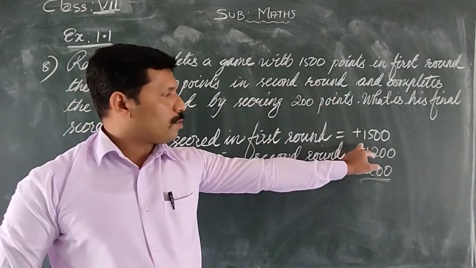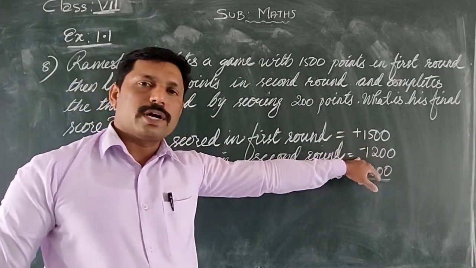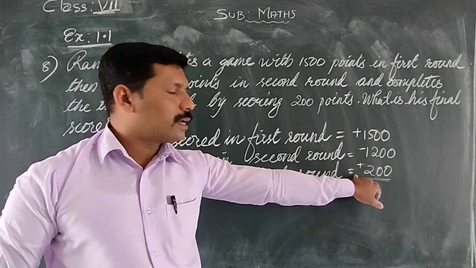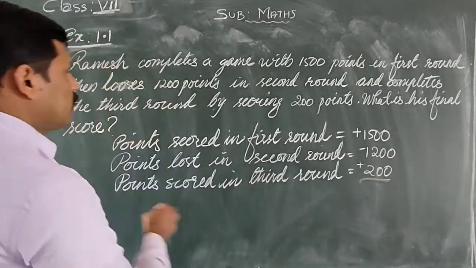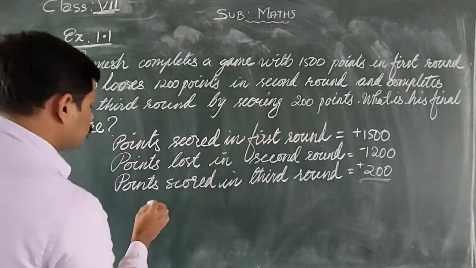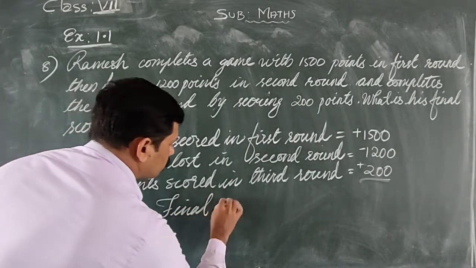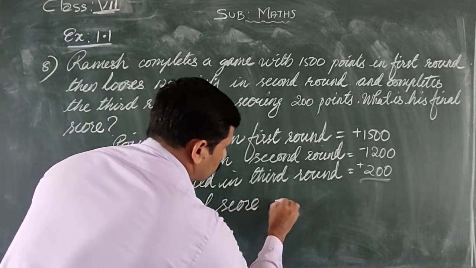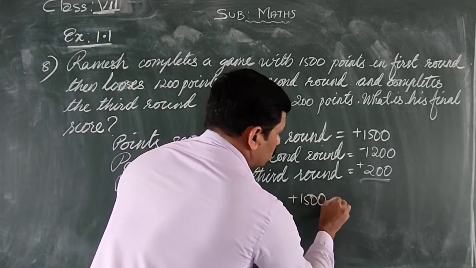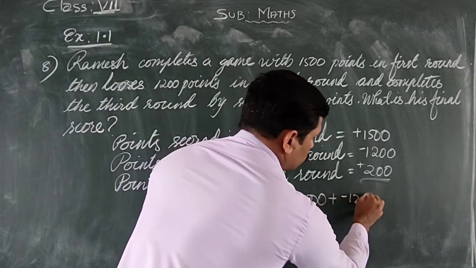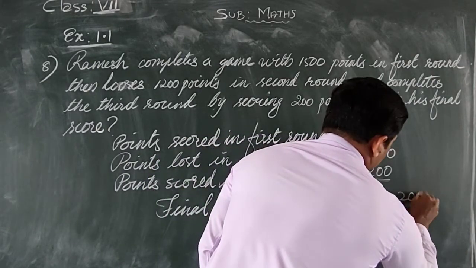First round he scored 1,500 points, that is positive, and second round he loses 1,200 points, that is negative, and the third round he scored 200 points, that is positive. So what is his final score? Final score is equal to the sum of all these numbers, that means 1,500 plus negative 1,200 plus 200.